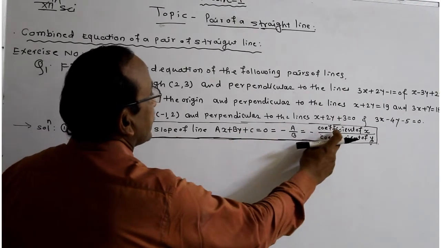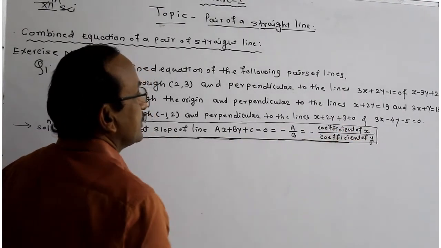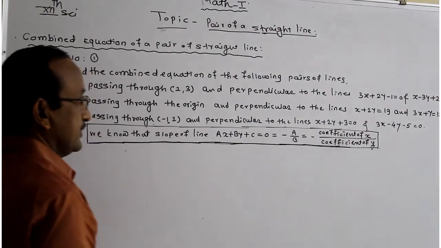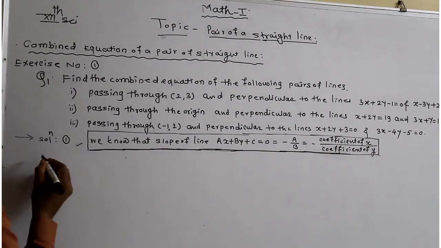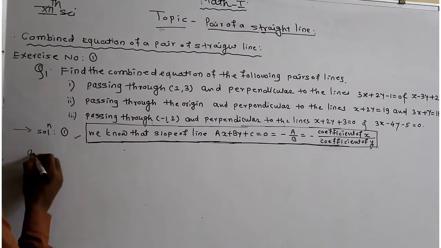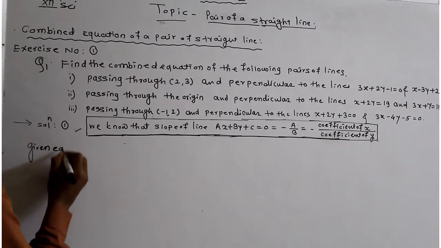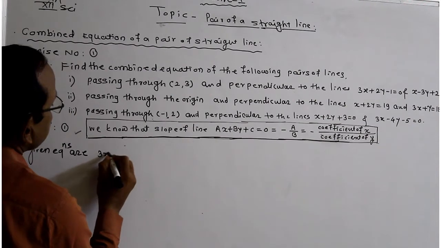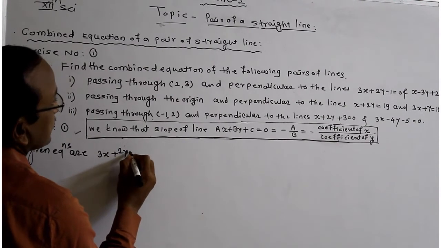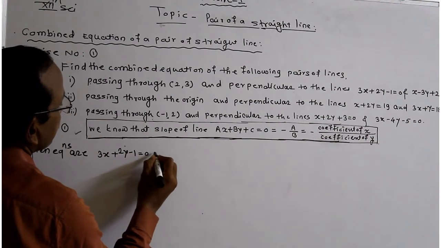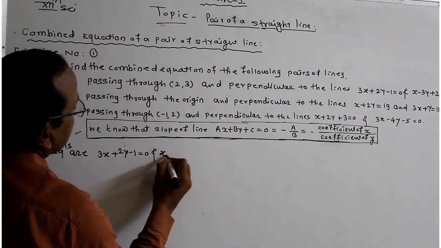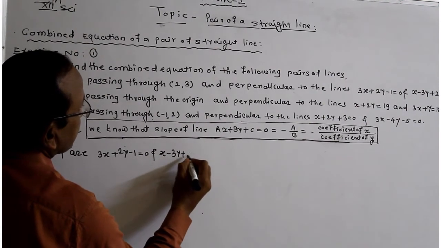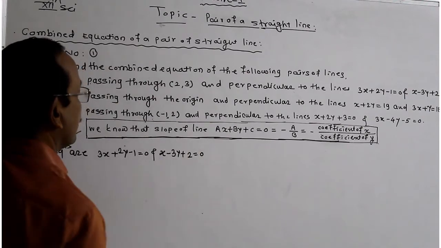So the formula is minus coefficient of x upon coefficient of y. Now write down the given equations: 3x plus 2y minus 1 is equal to 0 and x minus 3y plus 2 is equal to 0.